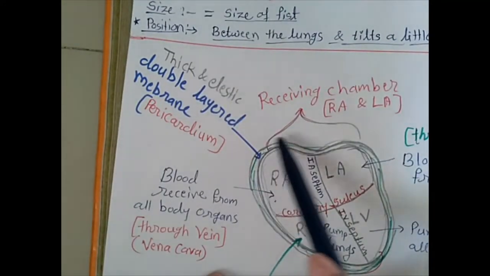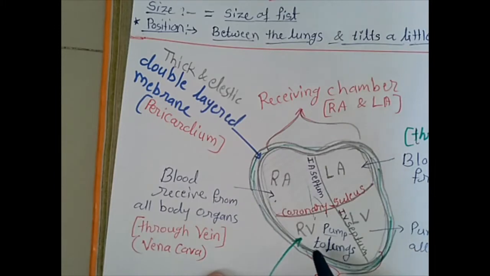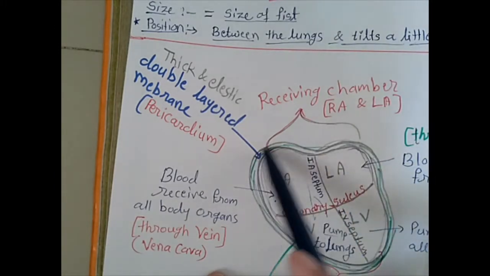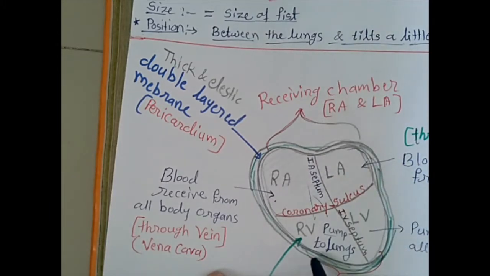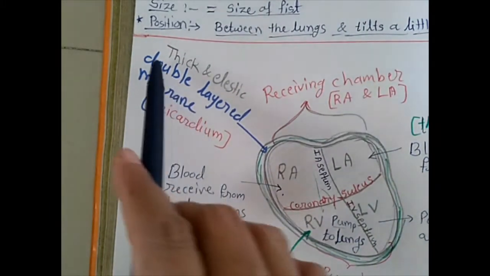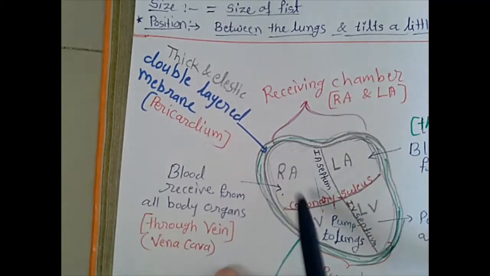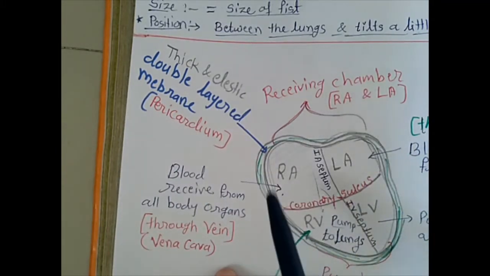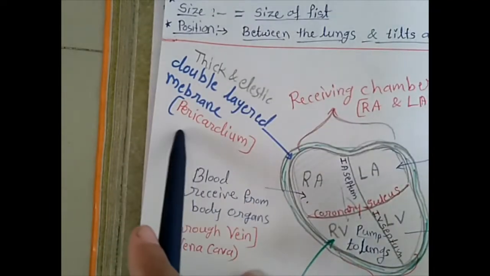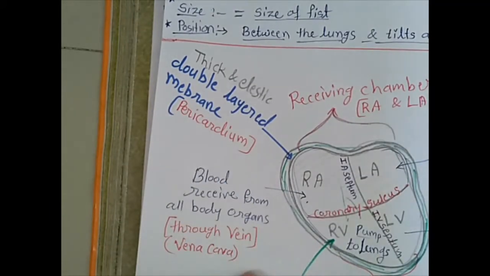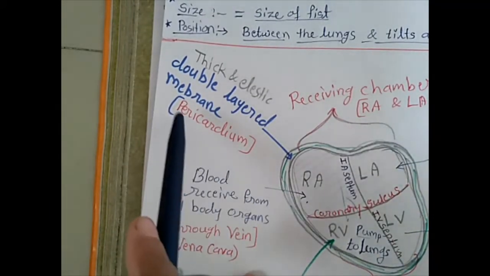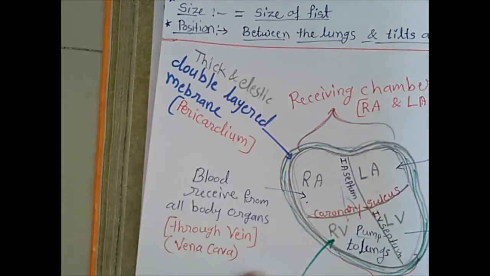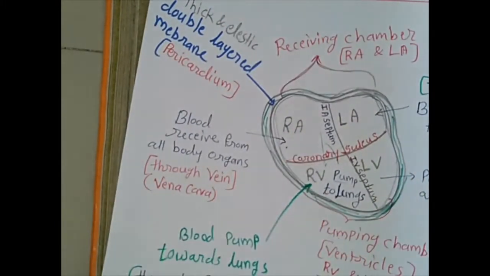It is a very thick muscle layer. Double layered muscle is present, and this double layered membrane, or outer layer, is called pericardium.